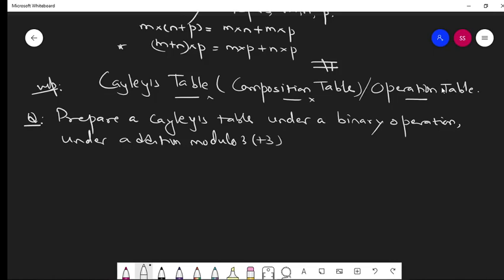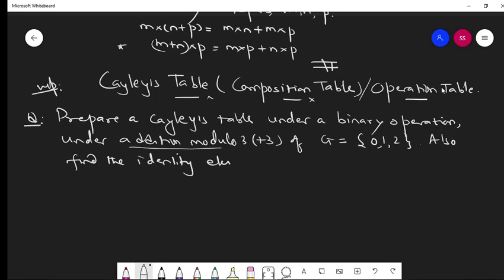Here I will define what is addition modulo 3, denoted by +3, of G equal to {0, 1, 2}, and also find the identity element and inverse elements of 1 and 2.